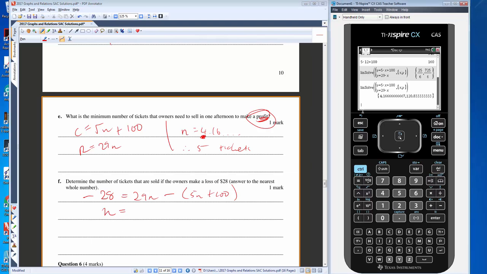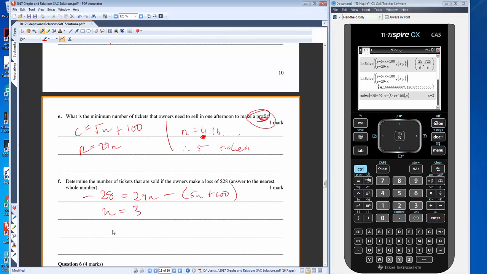So let's go and solve negative 28 equals 29x take brackets 5x plus 100, brackets are really important there, comma x, and n equals 3, therefore 3 tickets would have been sold.